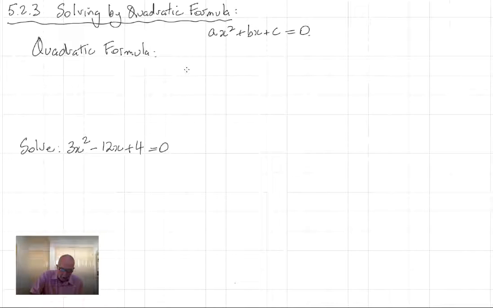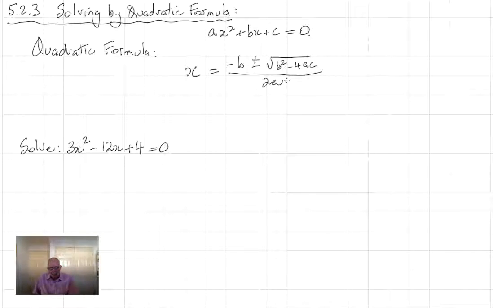The formula goes a little bit, and once again this has just got to be committed to memory. X equals minus b plus or minus square root b squared minus 4ac, all over 2a. Alright, so it's the b that's negative, it's not out the front, be very careful with that.